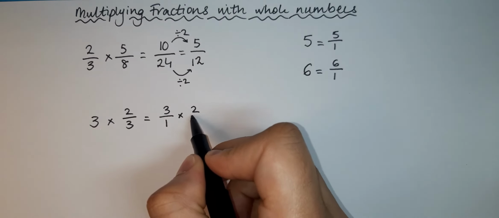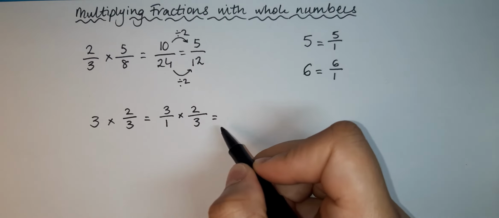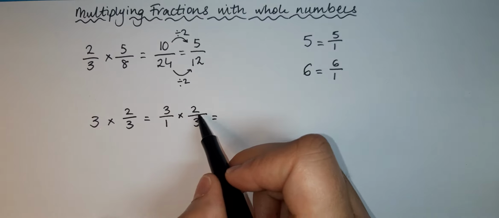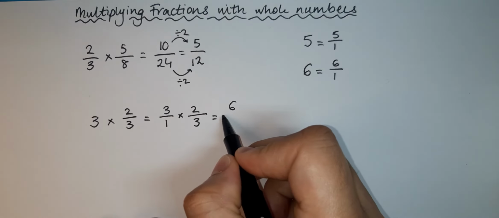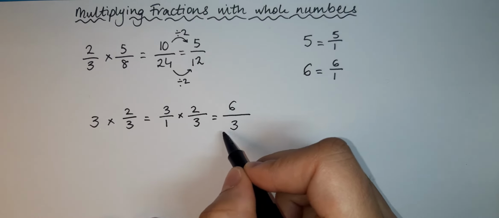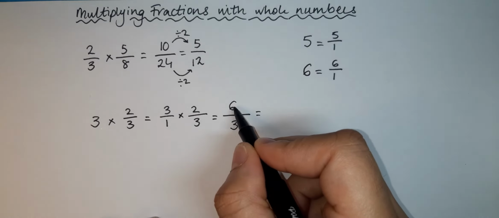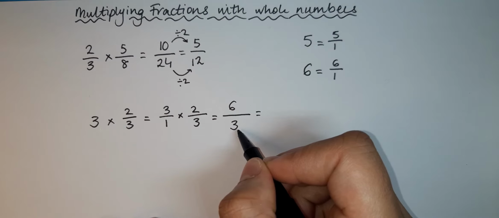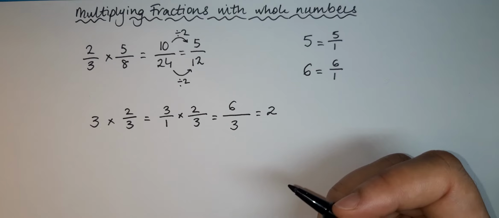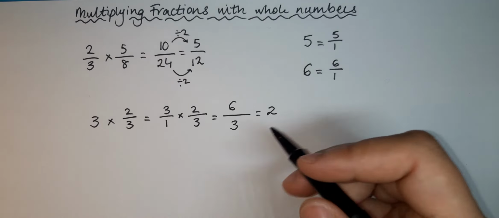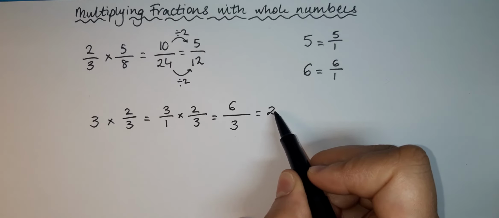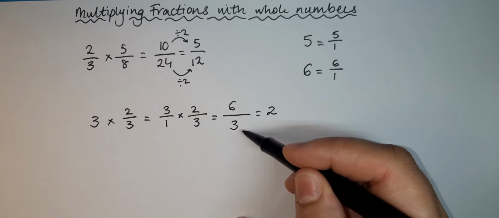So we do the same process again as we did over here, and we just multiply the numerators to get 6 and then multiply the denominators to get 3. Now as we can see here, 6 divided by 3 is 2, so we just get this number because we can do 6 divided by 3.